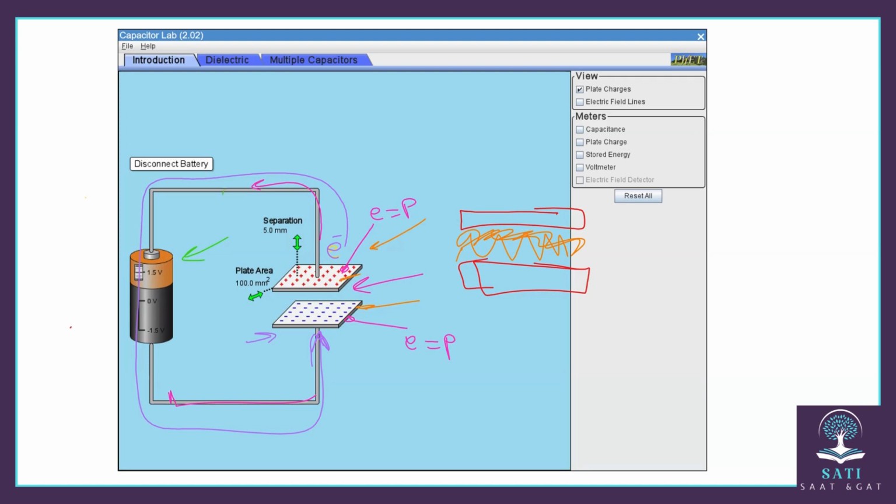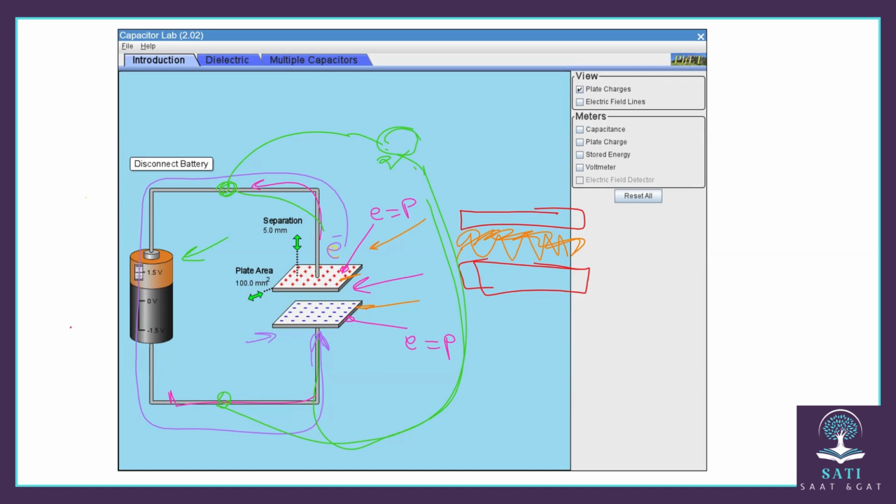Now if we link these two wires to a bulb, we are going to see that the electrons move through this wire into the bulb, and the bulb lights up.